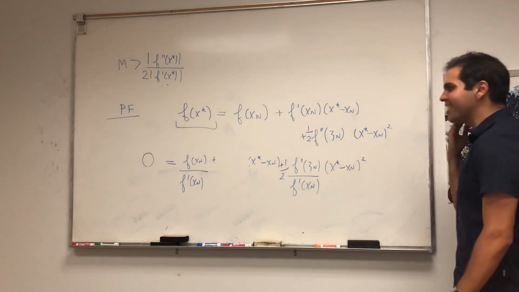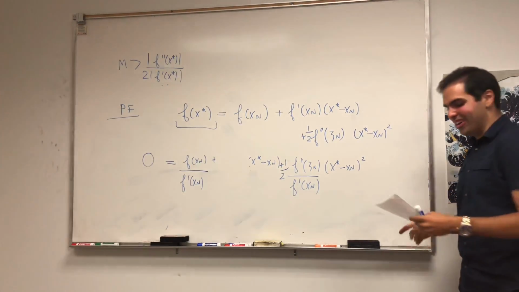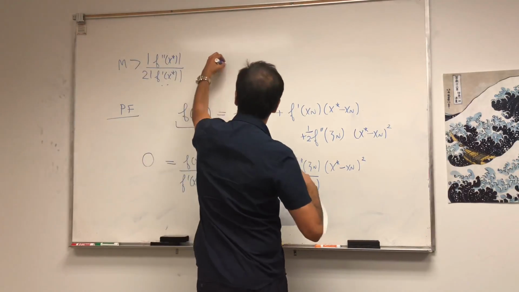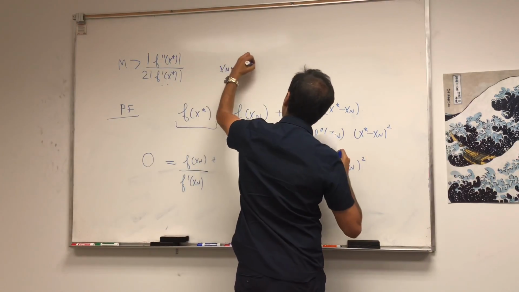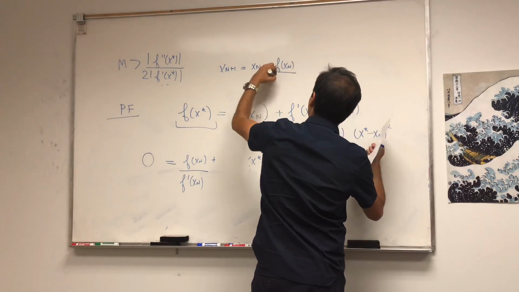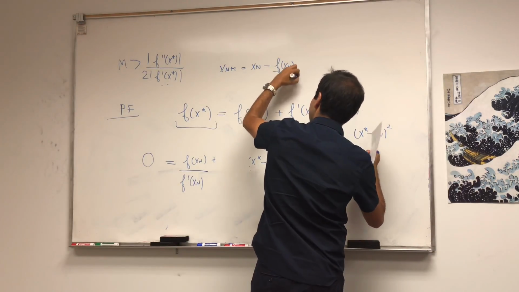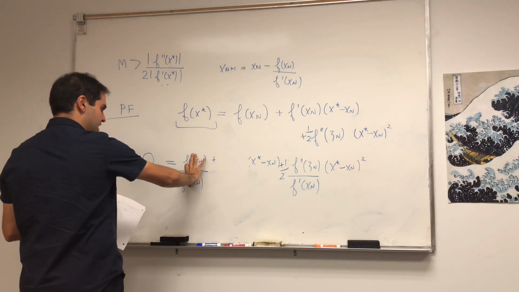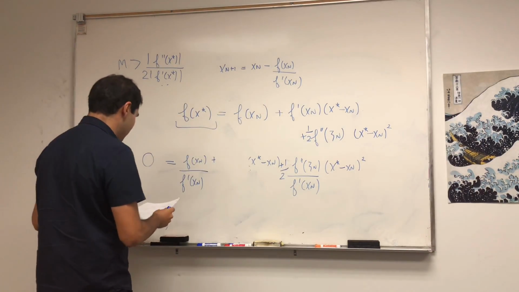And we sort of want xn plus 1 to appear. So, if you remember, what was xn plus 1? That's xn minus f of xn divided by f prime of xn. Well, that's very good. We have this thing. Let's just put it on the right-hand side.